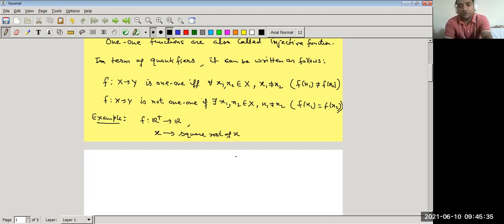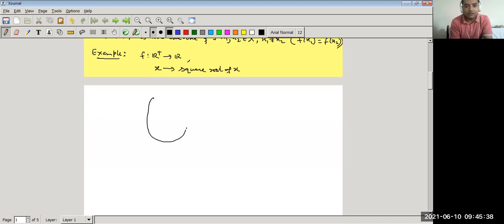Now this is our domain R plus, this is the codomain R, set of real numbers, and this is a function f from R plus to R. हमने यहाँ से कोई भी एक नंबर 4 लिया, but instead of taking square root, because this is not a function, we can take f from R to R. f is a mapping from R to R, x goes to its square, x squared.